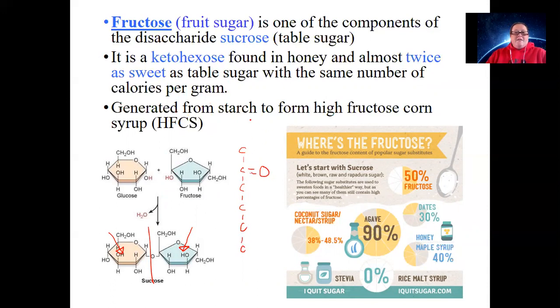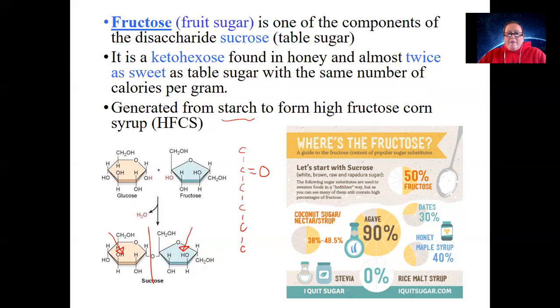Extremely sweet. It is the sweetest monosaccharide, and naturally found in honey and other natural sources. But we also generate fructose from starch through a series of enzymes, and this was discussed in the enzymes unit, how it's a very complicated process that turns starch into high fructose.